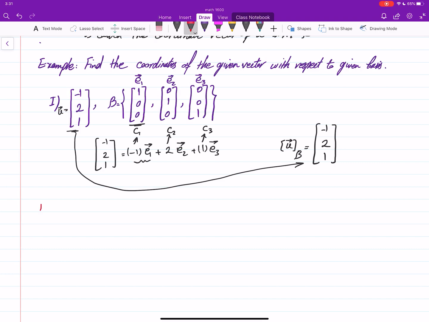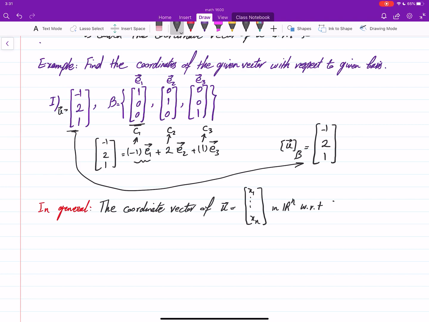In general, the coordinate vector of u, which is, let's say, x1 up to xn in Rn, with respect to the basis E1 up to En is the vector u itself.